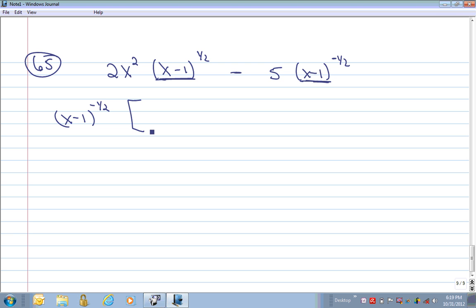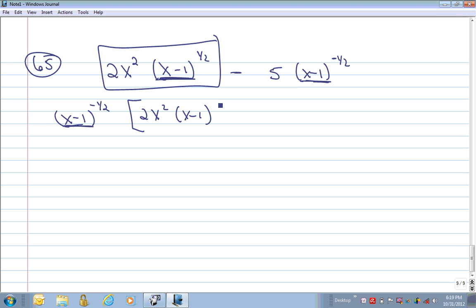I'm going to put this bracket here. So now I'm looking at this term right here. I already have x minus 1 to the negative 1/2 times, I need to multiply it to get to this. I would need the 2x squared. I don't have that. I have the x minus 1, but I have a negative 1/2. So I'm going to have an x minus 1, and this exponent has to be added to negative 1/2 to equal positive 1/2.